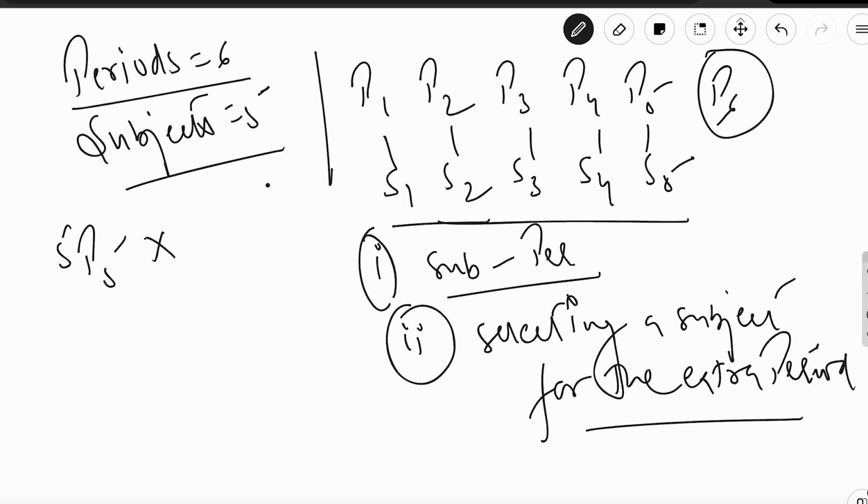For the sixth period there are 5 subjects to choose from. We can select any one of these 5 subjects to fill this extra period, and the remaining 5 periods can be distributed among 5 subjects in 5P5 ways.